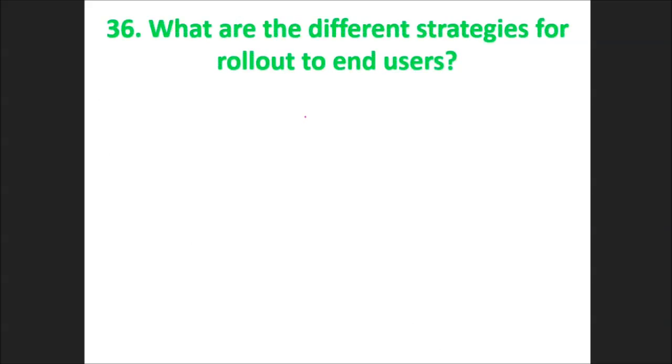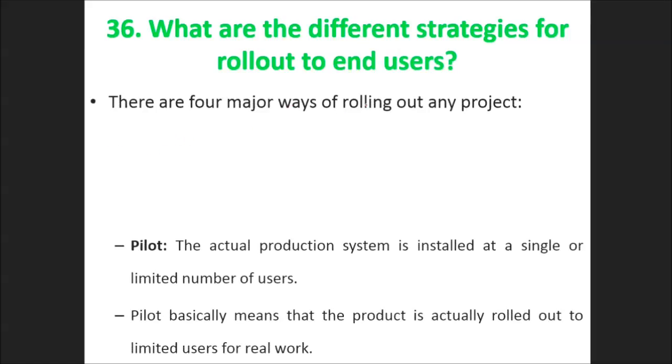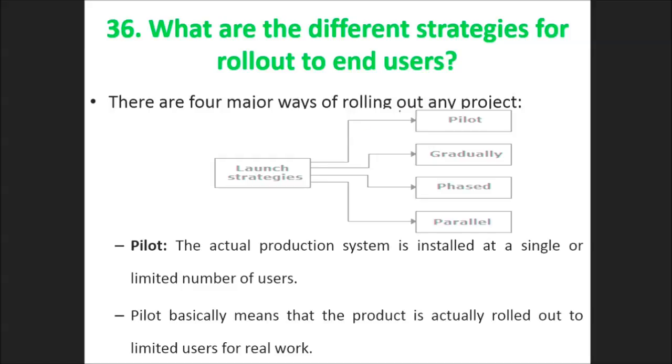So what are the different strategies for rollout to end users? There are four major ways of rolling out any project. Launch strategies: pilot, gradual, phased and parallel. So the actual production system is installed at a single or limited number of users. Pilot basically means that the product is actually rolled out to limited users for real work.